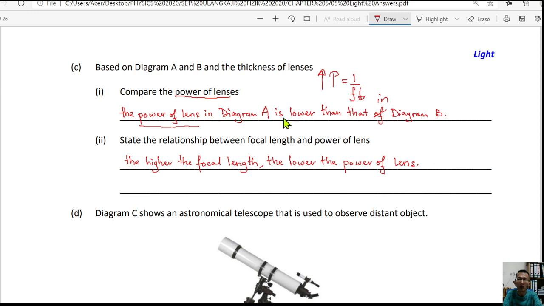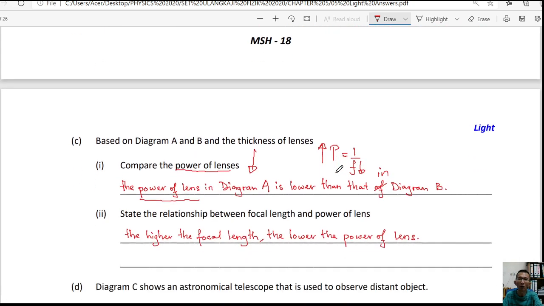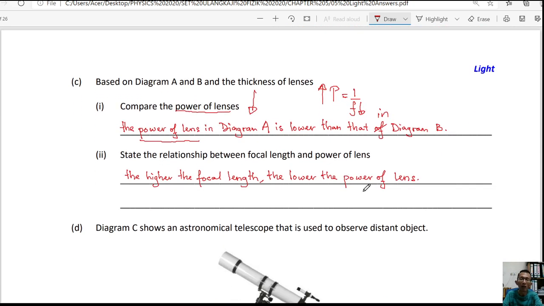Okay, so here diagram A, the power of lens, it is lower. If I go back to my focal length just now, diagram A is higher. So how do we write the answer? The higher the focal length, the lower the power of lens.